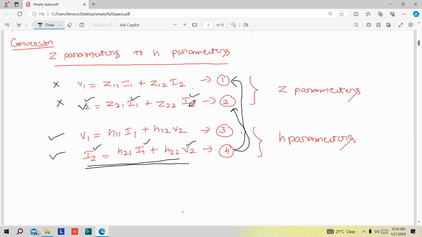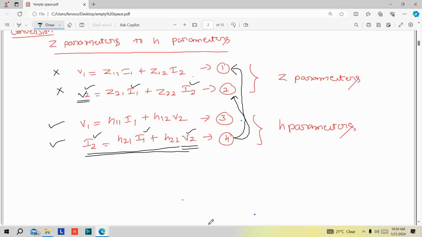From this we want to calculate V2, because equation 2 is V2 equals. So arrange equation 4 and calculate V2 here. Then I'm going to calculate V2 here.